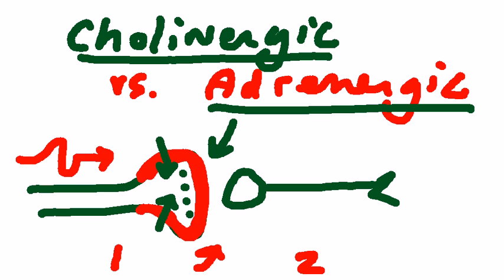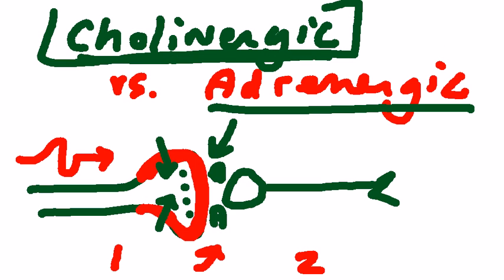So now there's going to be a surge of acetylcholine molecules in the synaptic cleft, and what they're going to do is they're going to act on receptors on the postsynaptic membrane. So any synapse where the transmitter release from the presynaptic terminal is acetylcholine, that's called a cholinergic synapse.